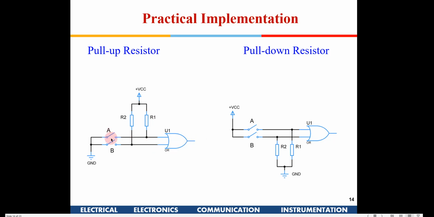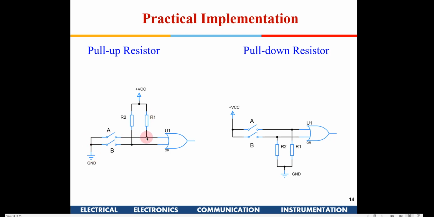The moment you close either switch, this is an OR gate, right? Suppose I am closing switch A, a current will flow from VCC through this R1 to the ground. All the voltage which was available will fall because of the IR drop, so the voltage will drop across R1.